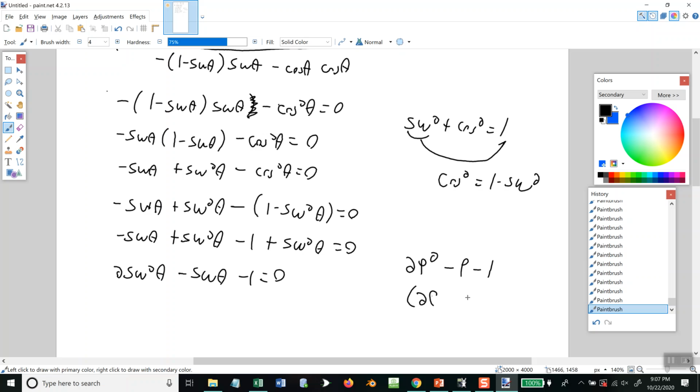Factor this. Squared minus 2p plus p. So it factors this way. So this would factor the same except for I replace the p with sine. So this becomes 2 sine theta plus 1, sine theta minus 1 equals 0.